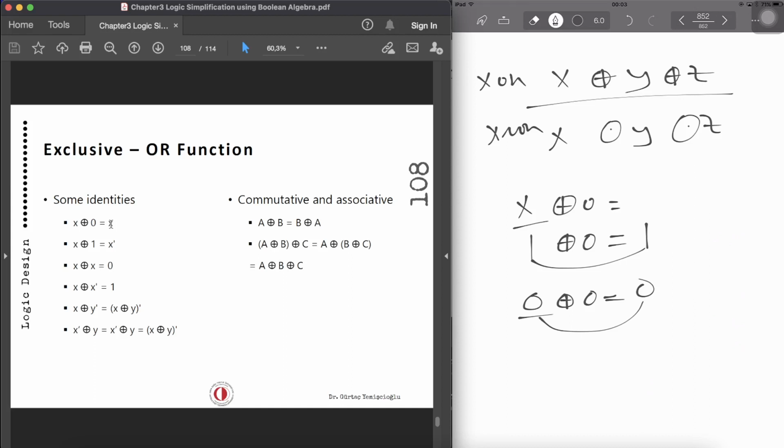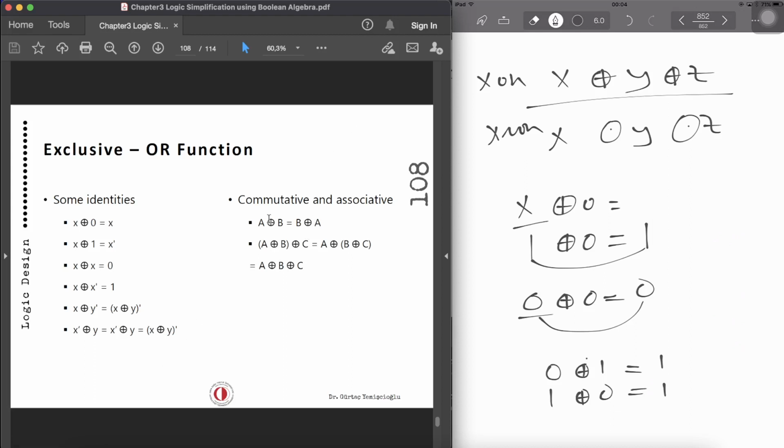So 1 XOR 1 is 0, or 0 XOR 0 is also 0. X XOR X prime: 0 XOR 1 or 1 XOR 0 will always give you 1, as it is odd. And having a prime in any of the variables also looks like an XNOR function. The same applies if you have a prime on X, then it will repeat and get you to the XNOR function as well.